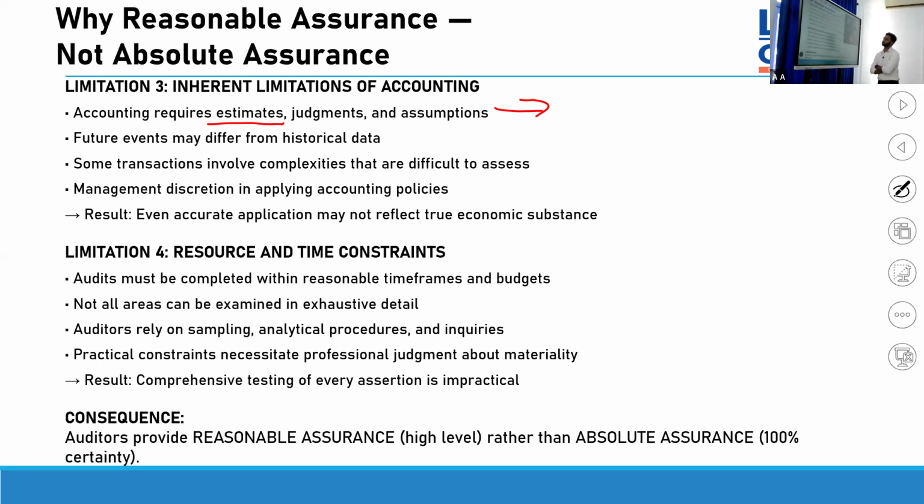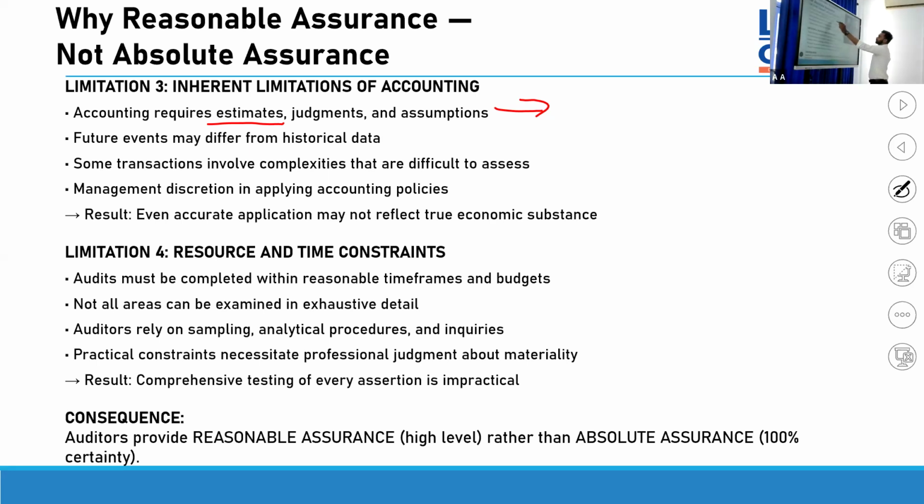For what purpose? In accounting, forecasting the future profitability. Forecasting the future. There's another simple example also. Forecasting the financials.